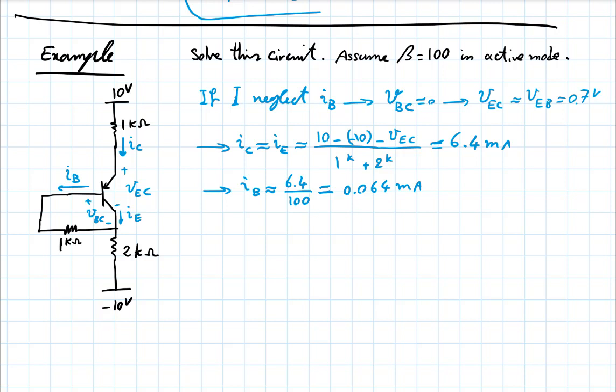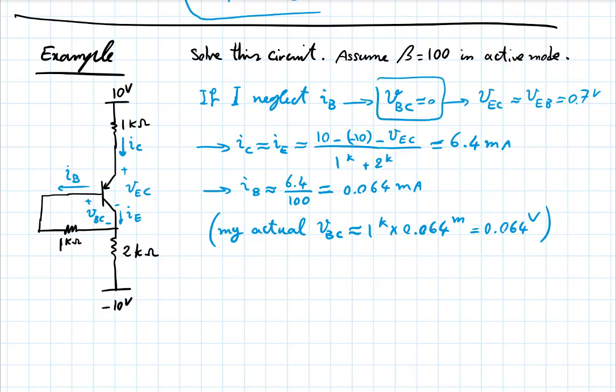And so if I want to double check what my actual VBC is, that's approximately 1K times 0.064 milliamps, which is 0.064 volts. This assumption of 0 for that is not too bad an approximation in this case. Well, if IB is 0, VBC is IB times 1K, right?